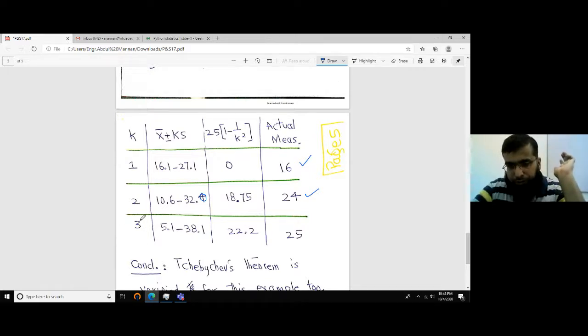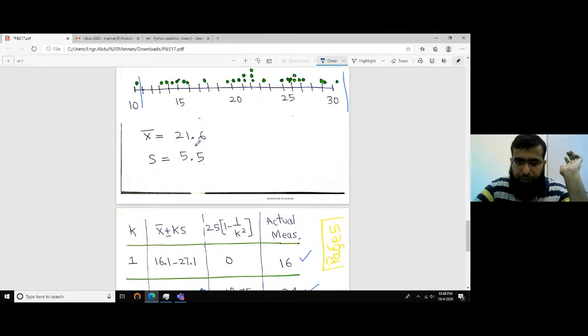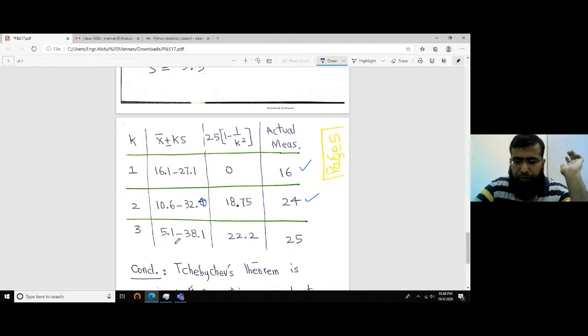And let's check it for k equal to 3. Putting k equal to 3 and taking the values of x bar and s from this page, the range comes out to be 5.1 to 38.1.